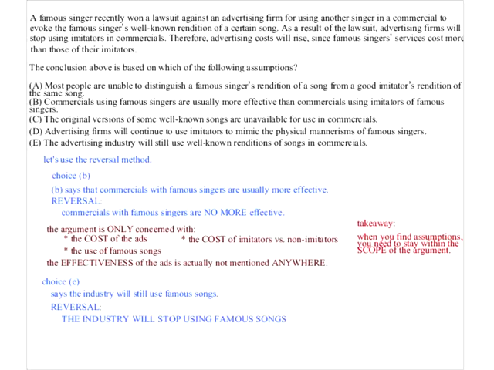Well, if this is true, then the argument dies a horrible death. Because if this is true, then we have no use for the famous singers. Therefore, we don't have to hire them. Therefore, costs will not rise. Argument is dead. So this is the correct answer.